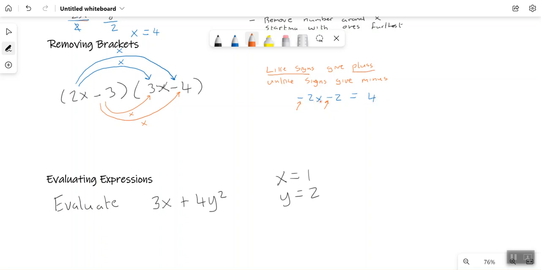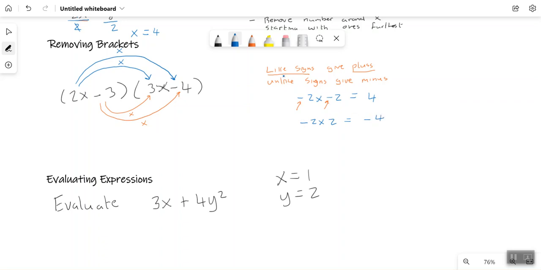So minus 2 multiplied by minus 2 gives us positive 4. Like signs give plus. These two are like signs, we multiply them by each other, it gives us plus 4, or positive 4. And then the opposite of that is unlike signs give minus. So if I have minus 2 multiplied by 2, that's going to be equal to minus 4.